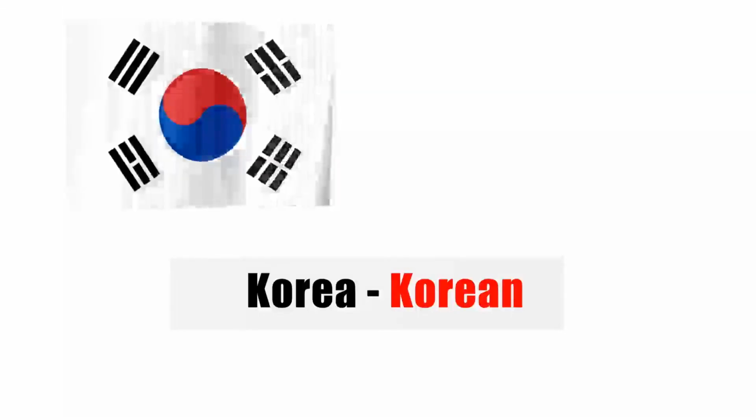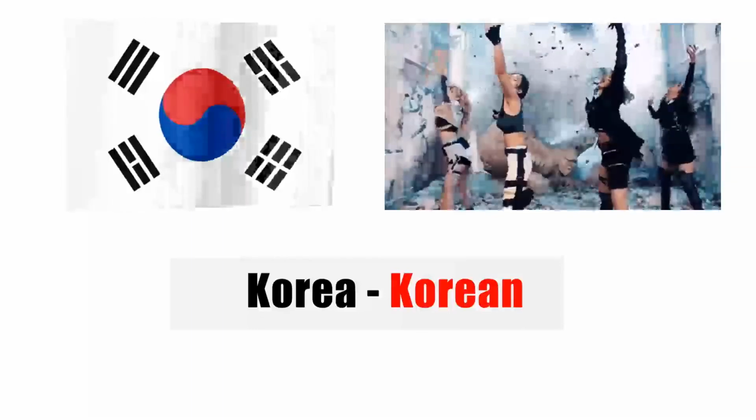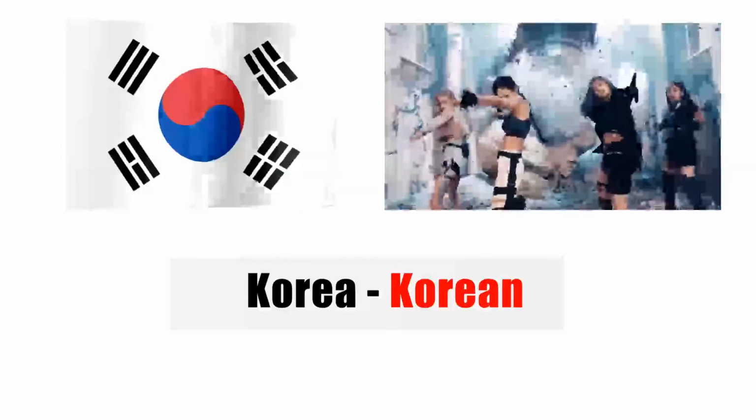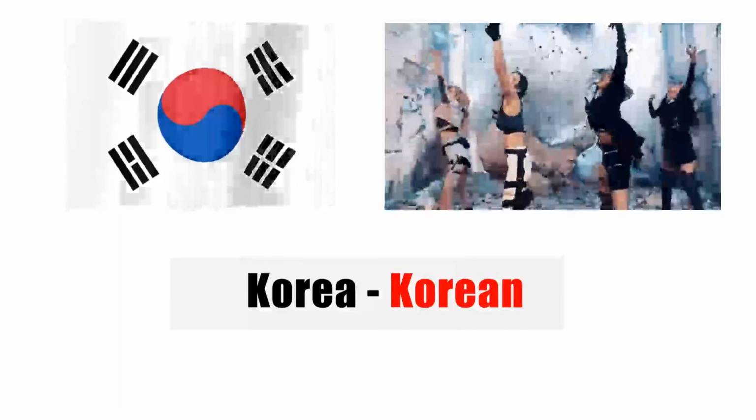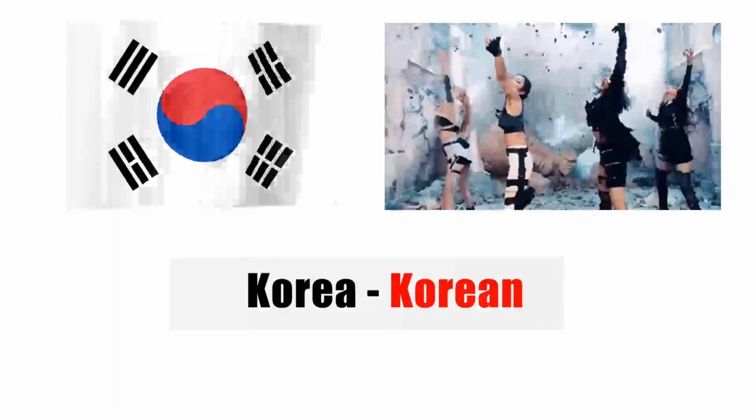Oh, sorry, this is the last one. This is the 7. I'm sorry. Korea, Korean, and then we have Korea flag, and then we have people from Korea. We call them Korean. This is Blackpink, by the way.